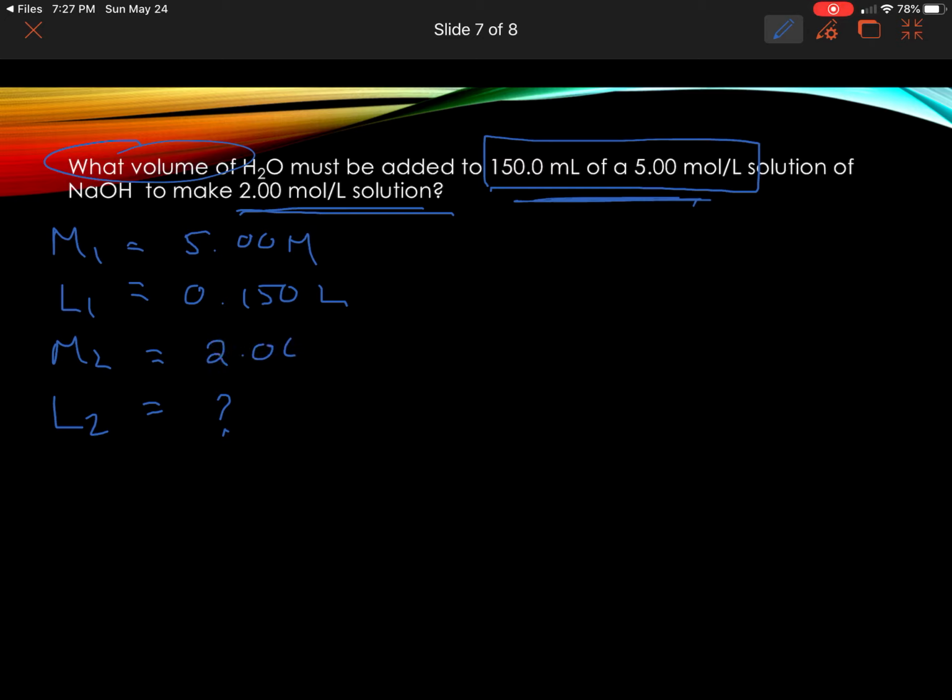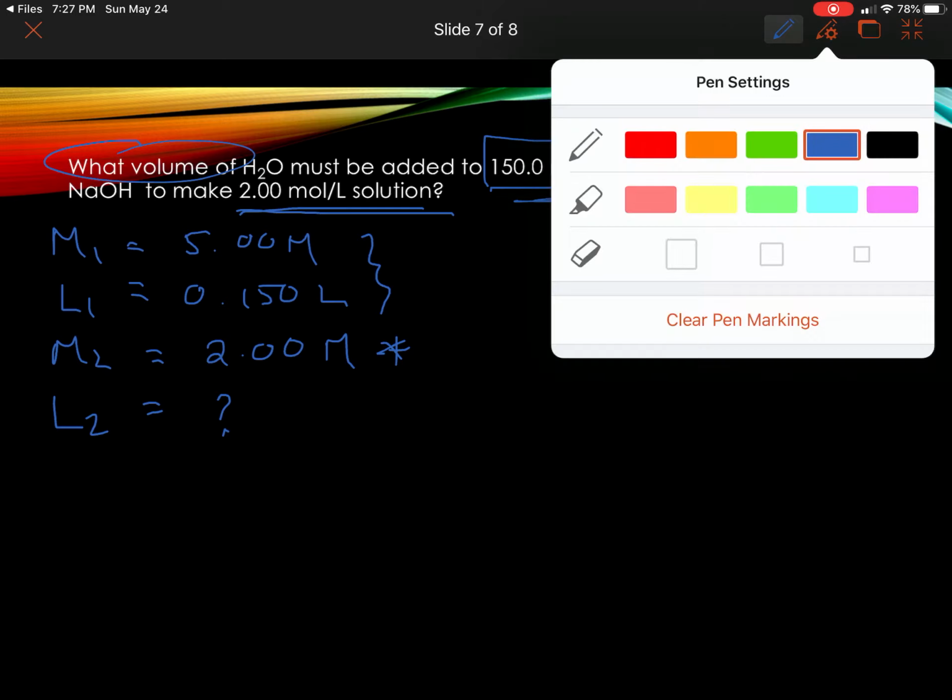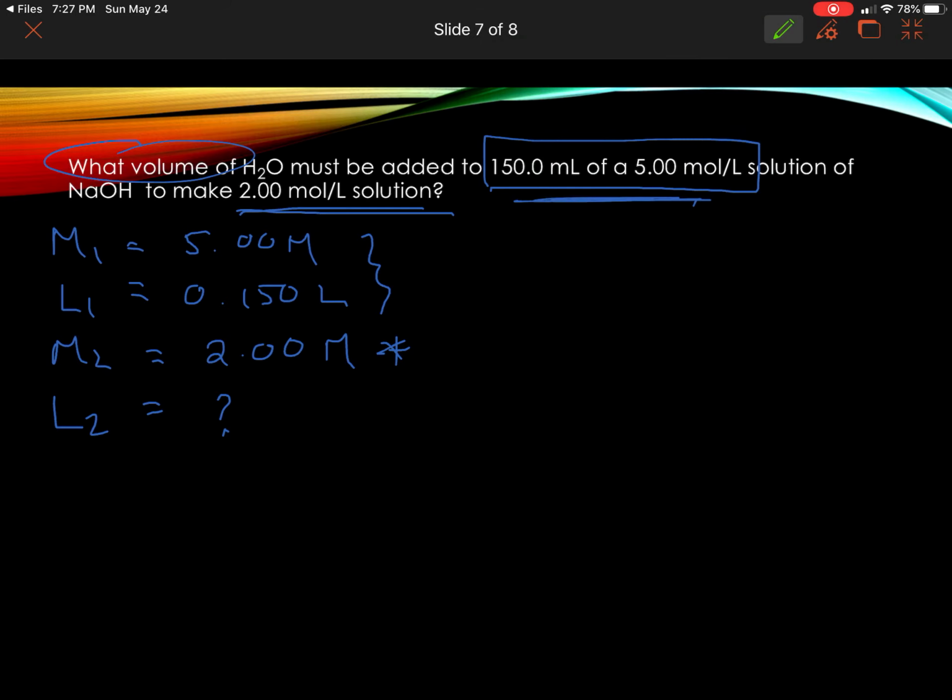And so my secondary conditions are going to be 2.00 molar here, and so I need to figure out what the volume of my final solution is going to be when I start out with this. So I start out with this solution here, and I want to dilute it to the secondary condition here, the 2 molar.